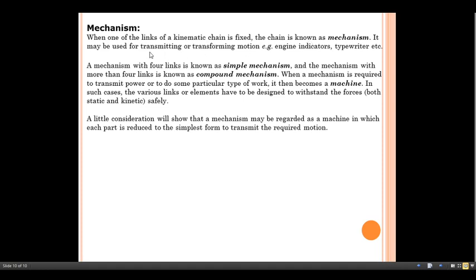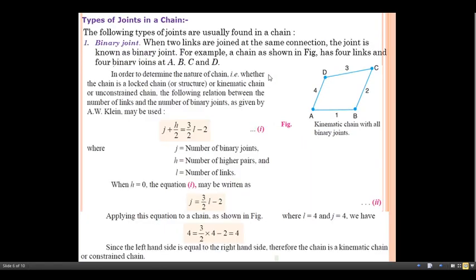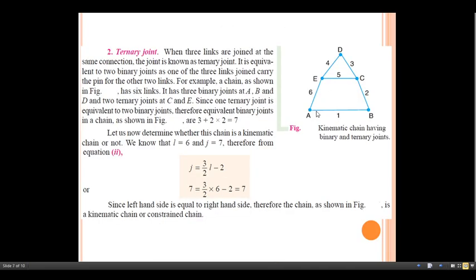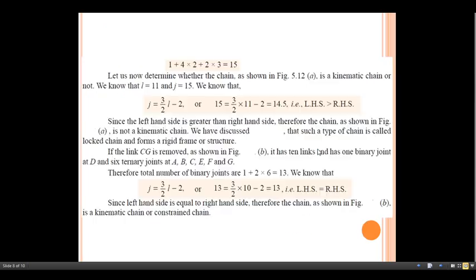It may be used for transmitting or transforming motion, for example an engine indicator, typewriter, etc. A mechanism with 4 links is known as a simple mechanism, and a mechanism with more than 4 links is known as a compound mechanism, like this one.